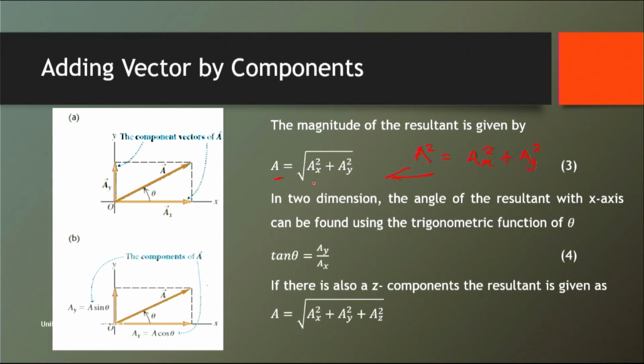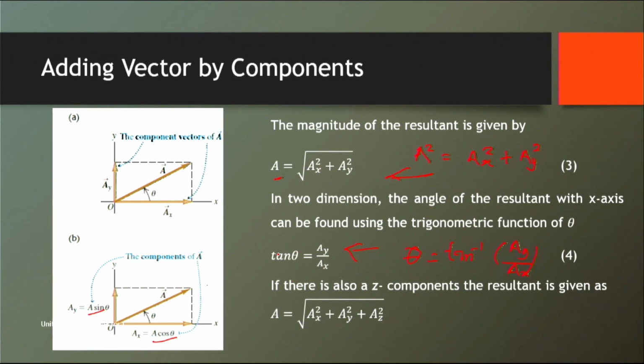This is how we get the magnitude of the resultant vector A. Like I said earlier, if we are to get our theta, as the question may ask later on, we take the tan inverse of AY divided by AX, and we already know AY is A sin theta, and AX, the component along the x-axis, is A cos theta, where A is our vector.